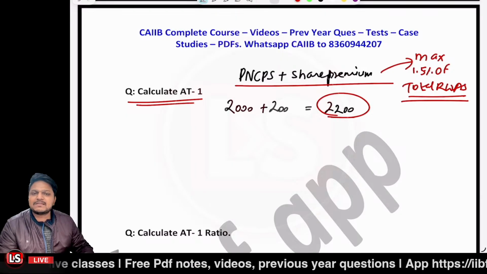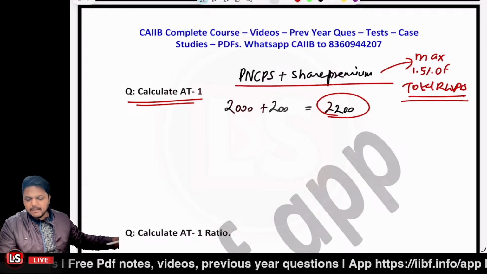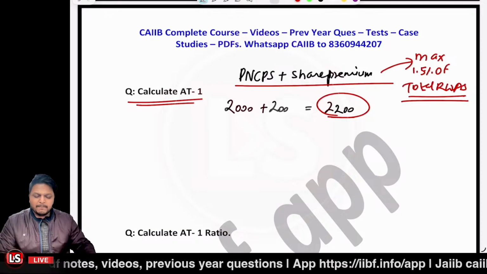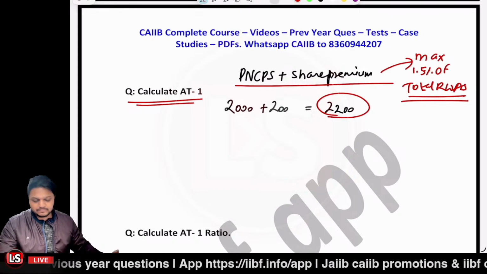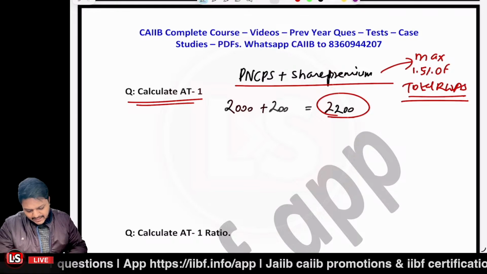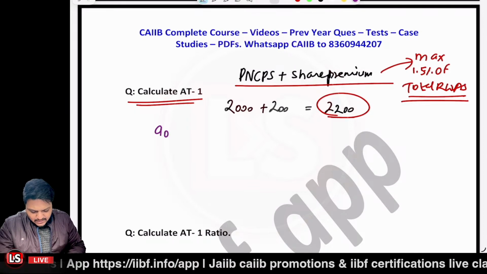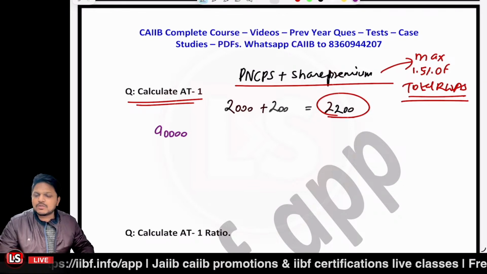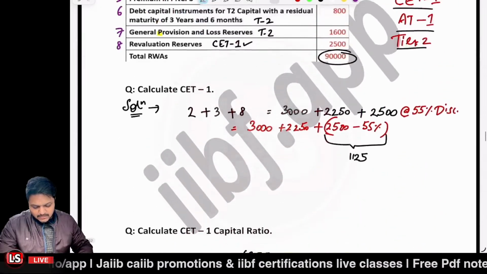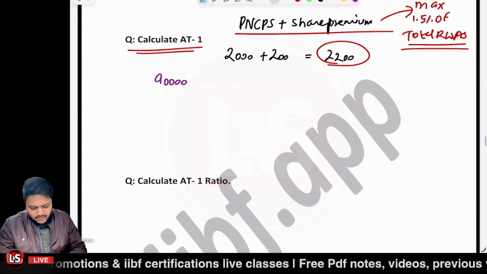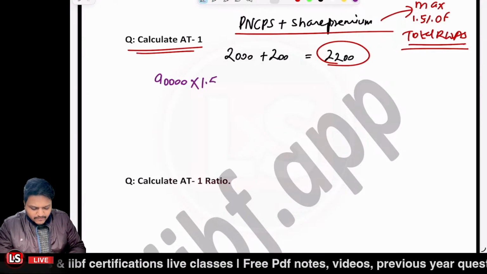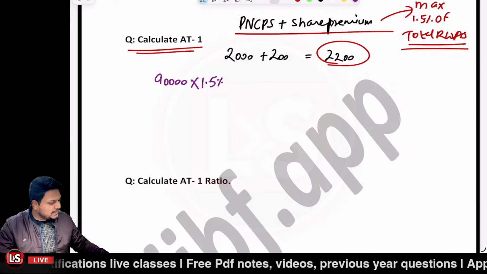Is that clear? Here we have the total risk-weighted assets to be 90,000 crores. Let me just double check it. Yes, it is 90,000 crores. So 90,000 crores multiplied by 1.5% would be equal to what?